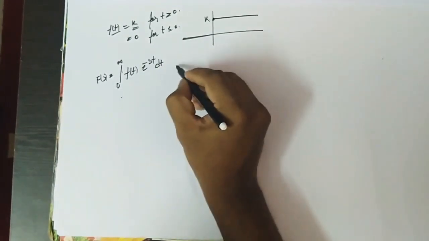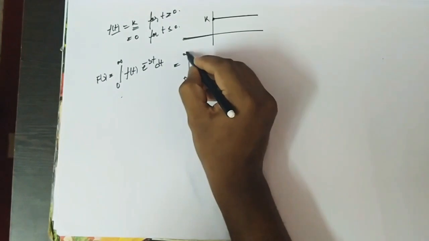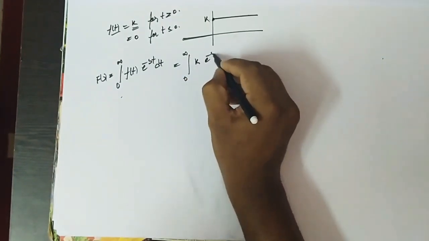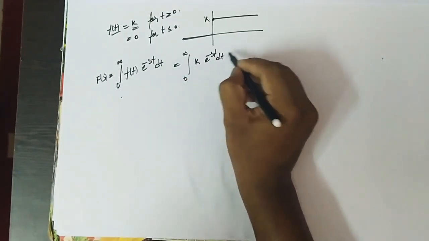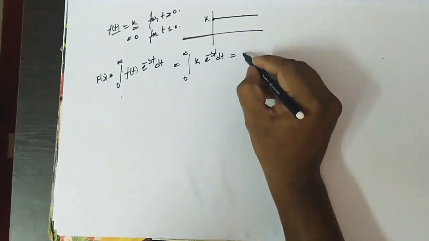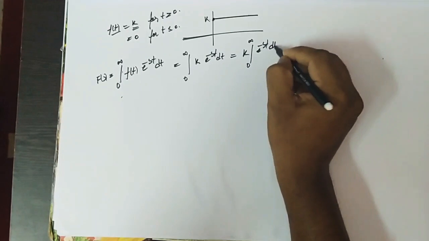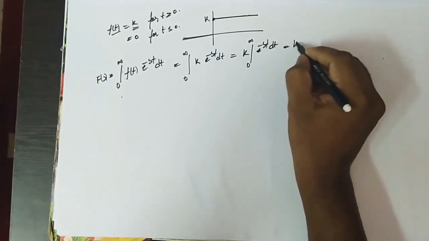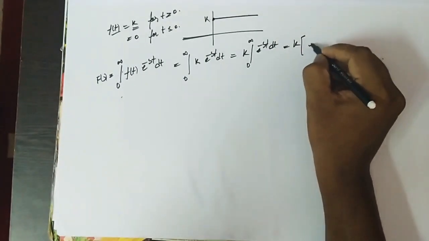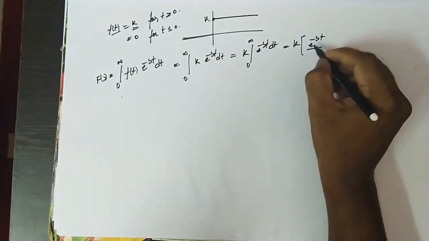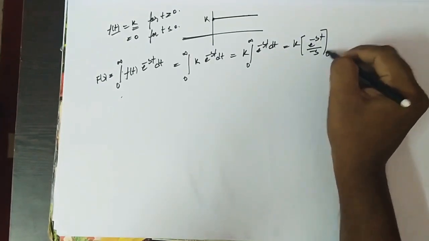So the integral from 0 to infinity of k e power minus st dt. Bring the constant k outside and integrate e power minus st dt: k times e power minus st by minus s, from 0 to infinity.